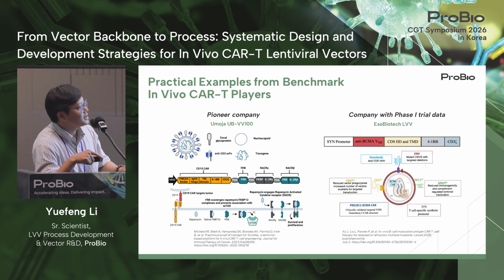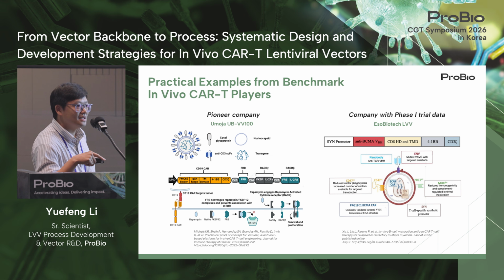Also, they overexpressed CD47 on 293 cells, so the CD47 can be inherited into the LVV membrane. CD47 can signal to macrophages, saying don't eat me. So the macrophages won't be swallowing a lot of LVVs after we give the LVVs to the patients.